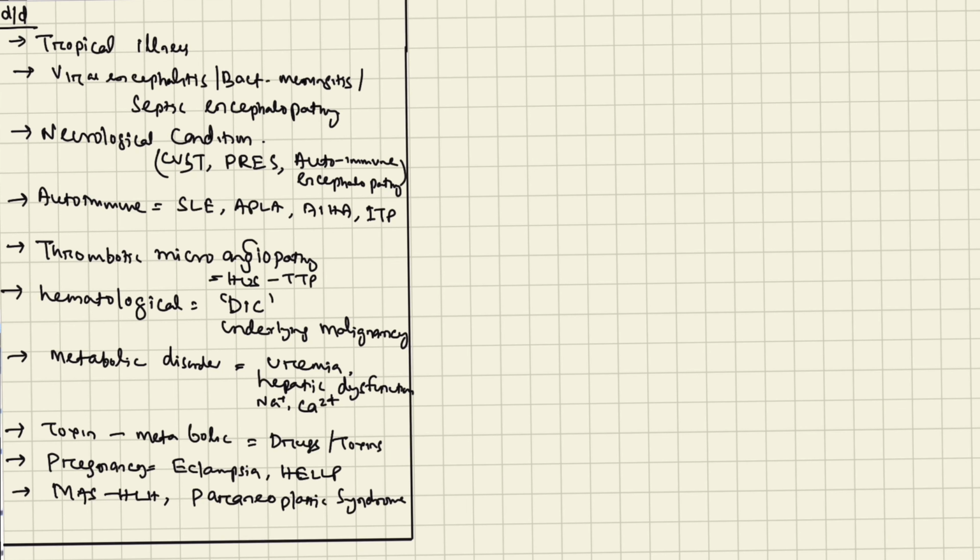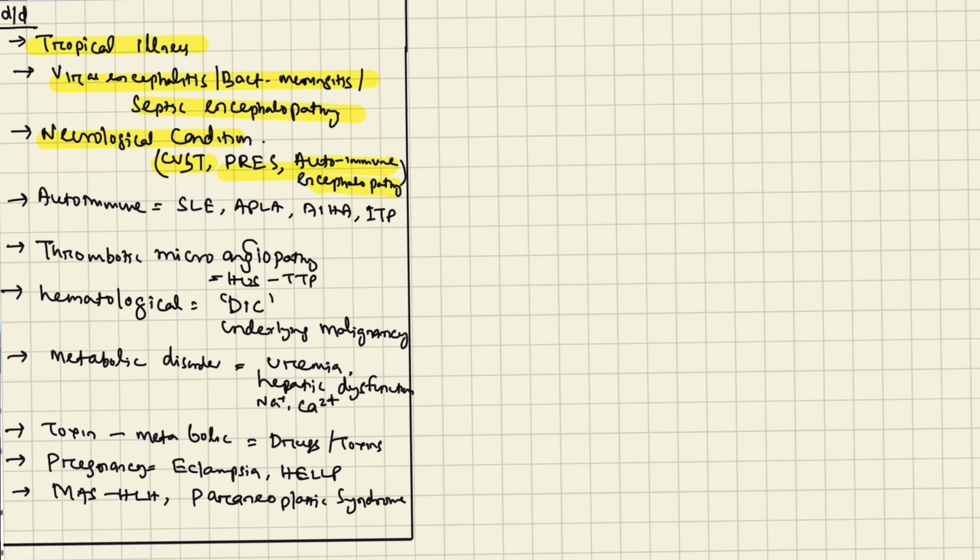So now, how to approach to reach a conclusive diagnosis? Before that, let us line up all these differential diagnoses as I've done for you today. As we've discussed, the patient can have tropical illness, viral encephalitis, bacterial meningitis, septic encephalopathy, neurological conditions like cerebral venous sinus thrombosis, posterior reversible encephalopathy syndrome, autoimmune encephalopathy.